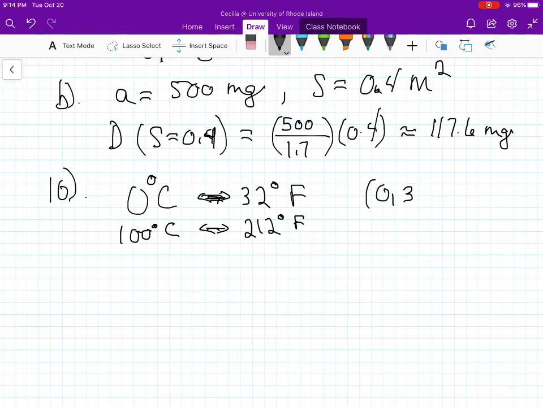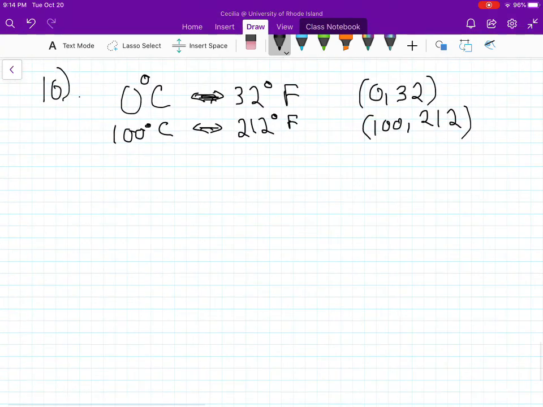So consider that the first information they gave us is an ordered pair of 0, 32, and the second one is another ordered pair of 100, 212. And we'll use that to think of those as points on a graph so that we can see what is that linear relationship between Fahrenheit and Celsius.